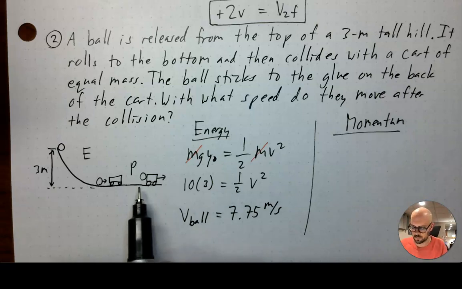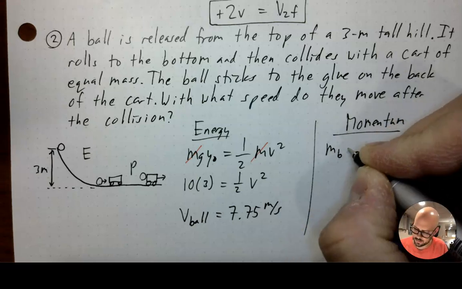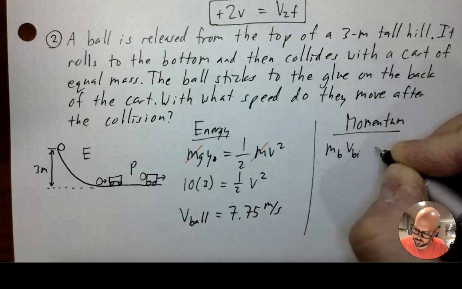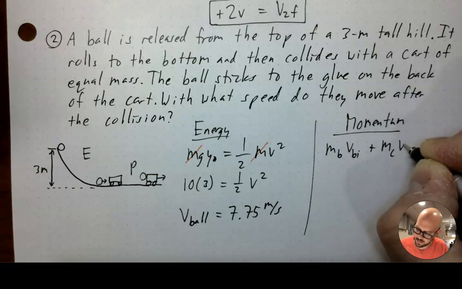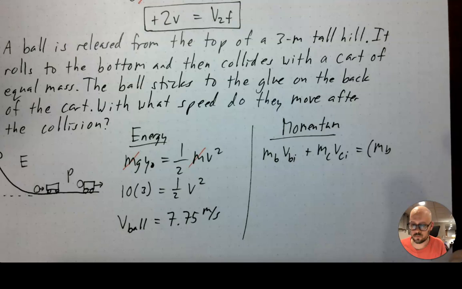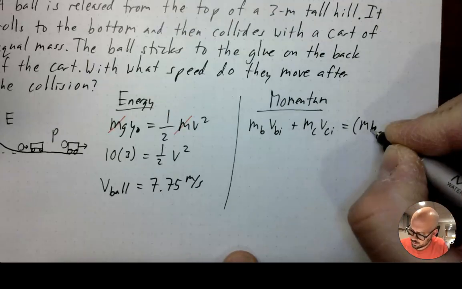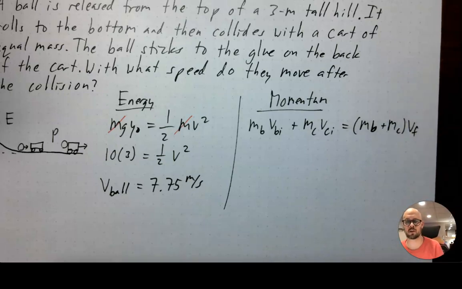Now I can use the momentum concept to figure out how fast they go after they collide. Now this is something where they're going to stick together, so I can do mass of the ball times the initial velocity of the ball plus the mass of the cart times the initial velocity of the cart, and then they stick together. So the mass of the ball plus the mass of the cart times that final velocity. They are in fact equal masses, and so I can just replace all those masses with m.